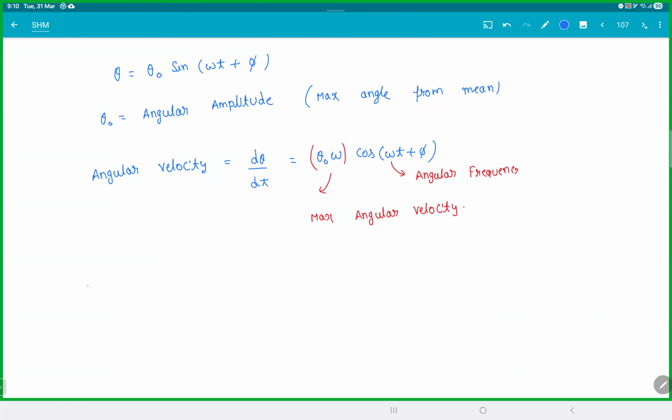Similarly, if you differentiate again, we get angular acceleration. So at any point of time, if they try to ask you questions based on the equations or something, I would convert theta into x, I'll solve the problem and bring it back. It works. Maxwell really doesn't care what you want to call it.